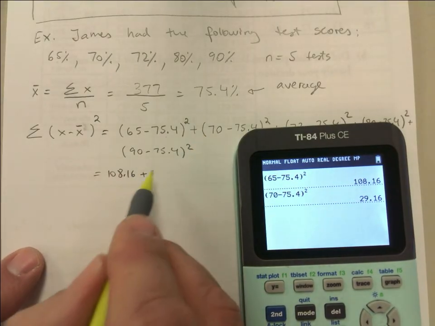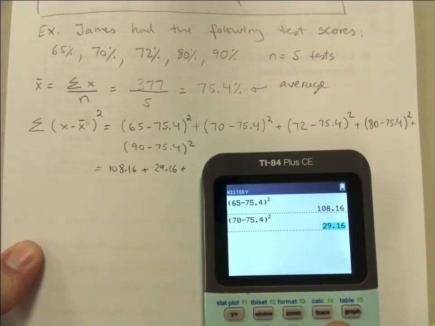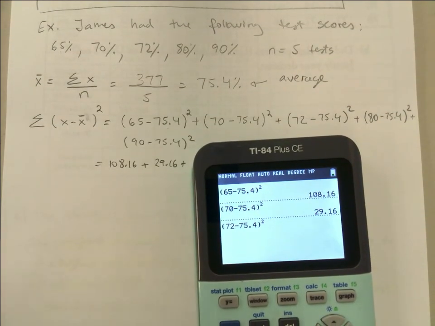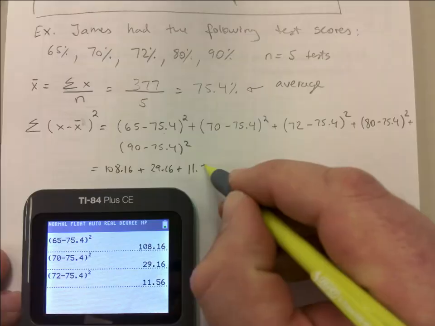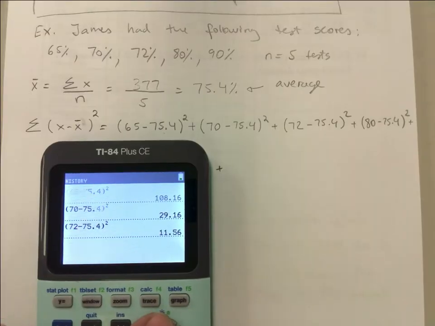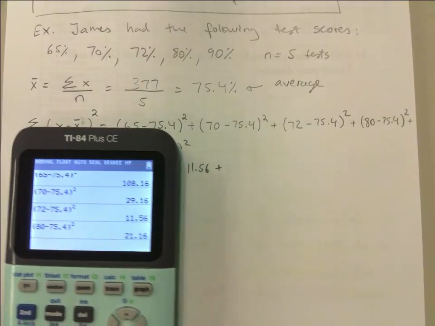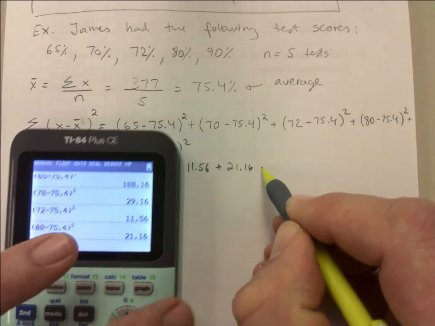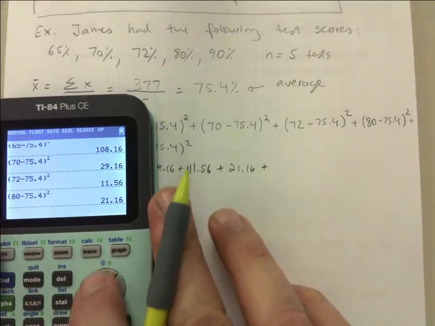So that's 29.16. Plus, keep going, copy paste, change to 72, equals 11.56. Plus, 80 minus 75.4 squared, 21.16. And one more, 90. So I've got to copy 90.